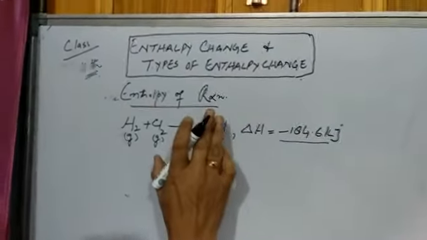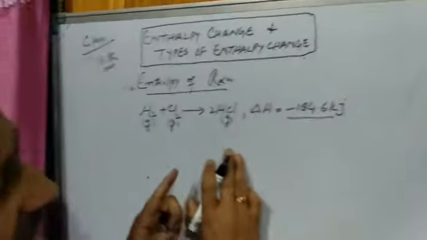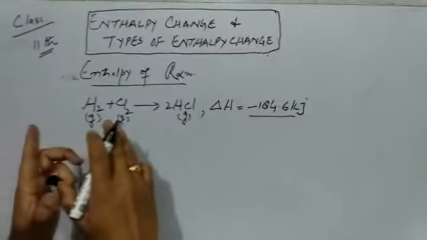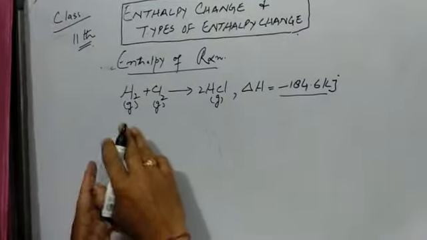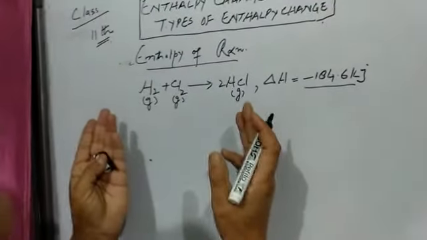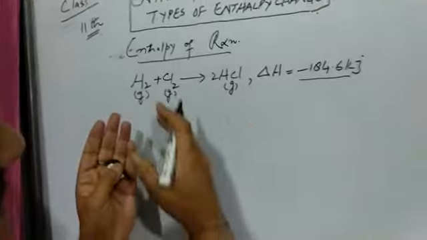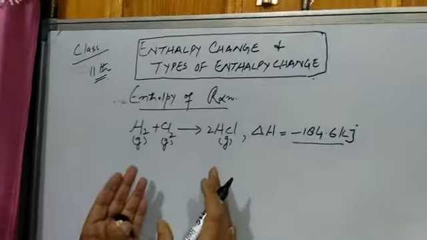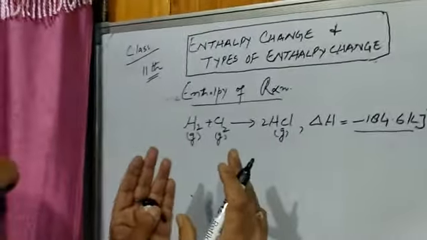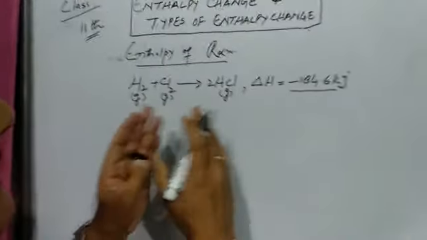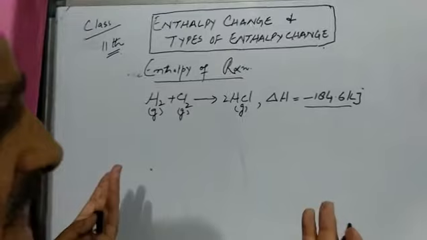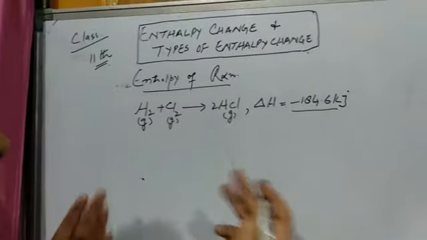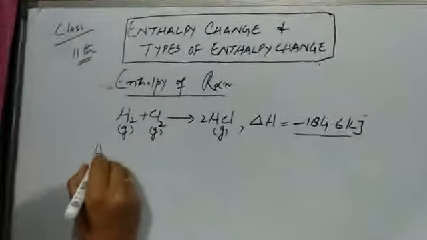Enthalpy of reaction means change in heat, whether the heat has increased or it has decreased, whether the heat has evolved or it has absorbed. So whatever change of heat content, whatever change of enthalpy during a chemical reaction, that is known as enthalpy of a reaction. So enthalpy of a reaction may be defined as the heat change.